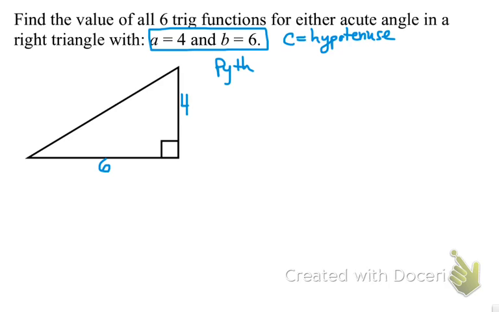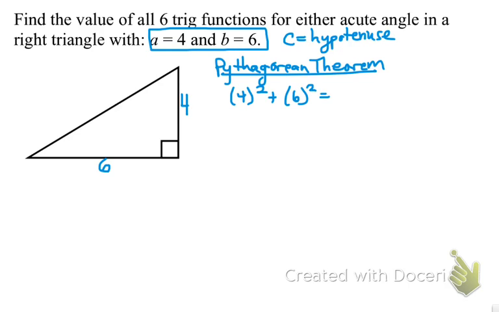We use the Pythagorean theorem, which states that if we square the legs and add them together, we'll arrive at the square of the hypotenuse. So 16 plus 36 will be our hypotenuse squared. 52 is c squared.